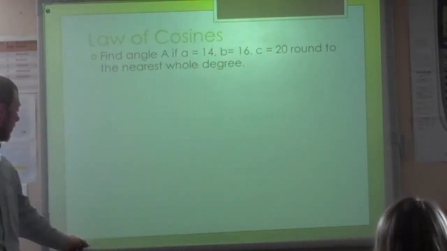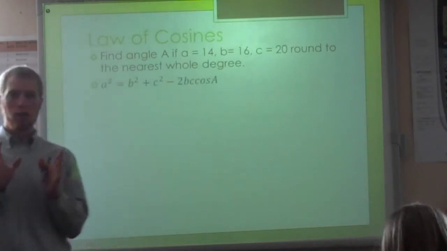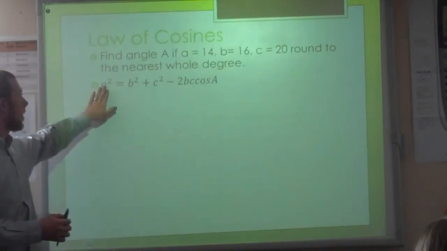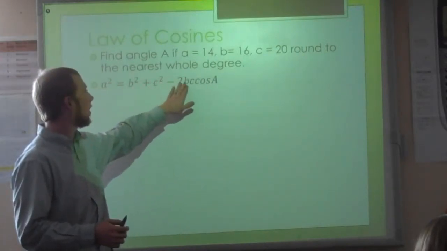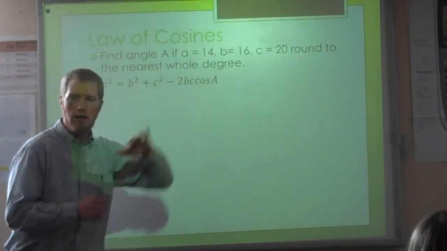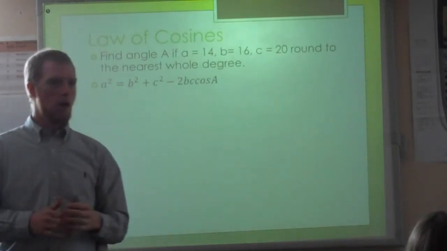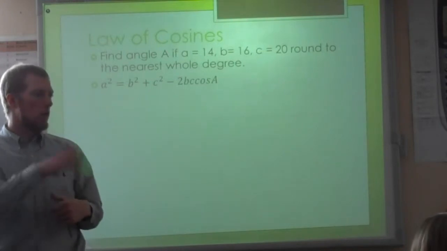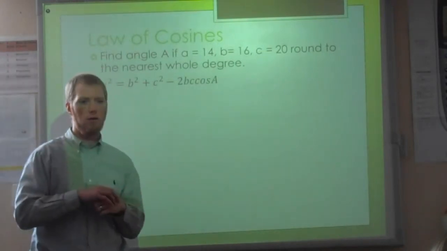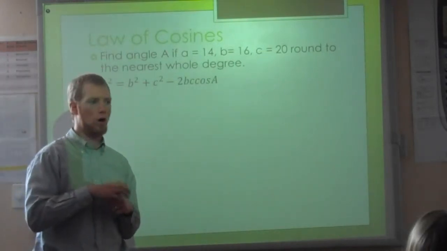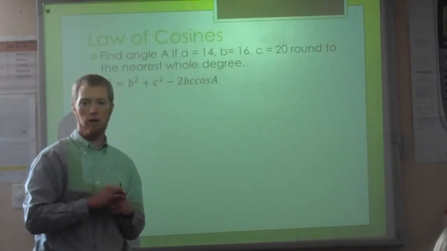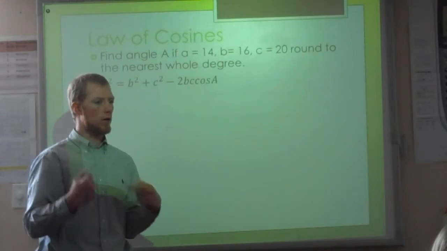Alright, so my first step, guys, tends to be just to write the law of cosines. So I have a squared equals b squared plus c squared minus 2bc cosine A. How many different equations did I have you write down for the law of cosines? 3. But what did we know about all 3?